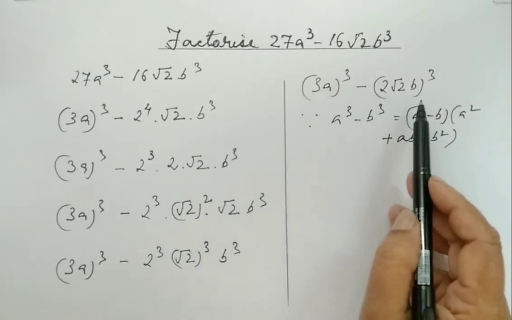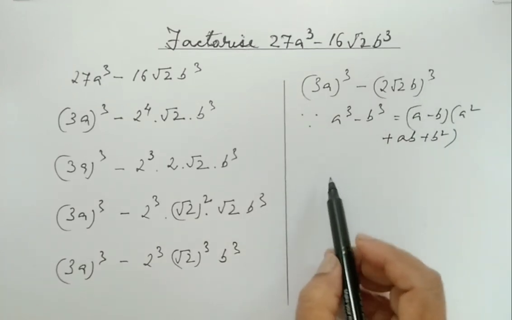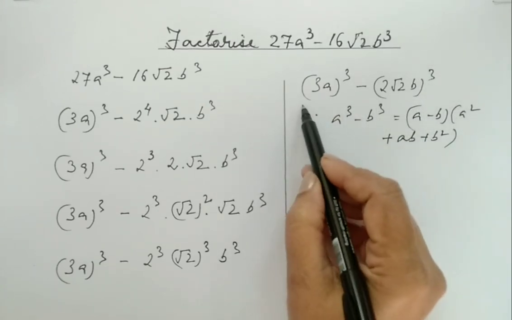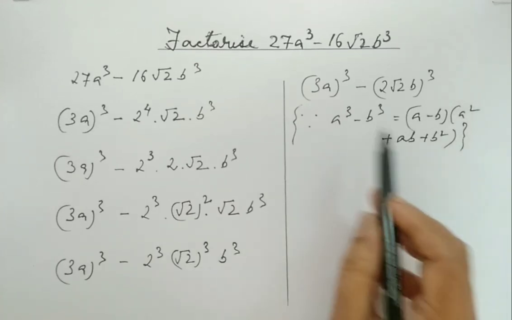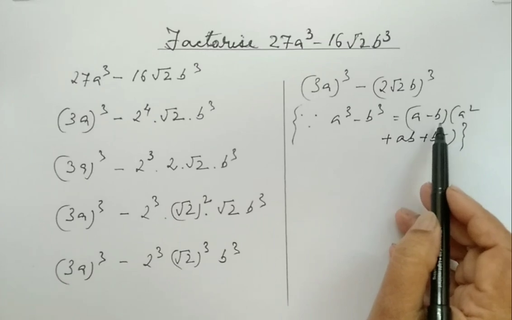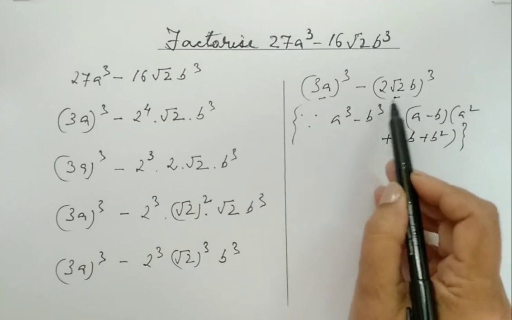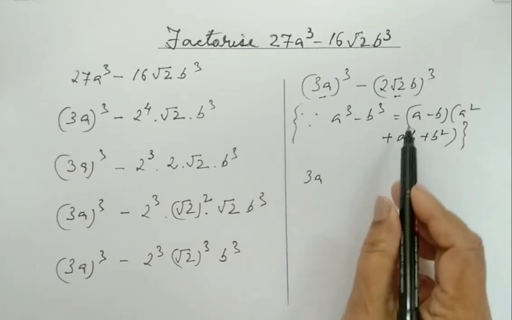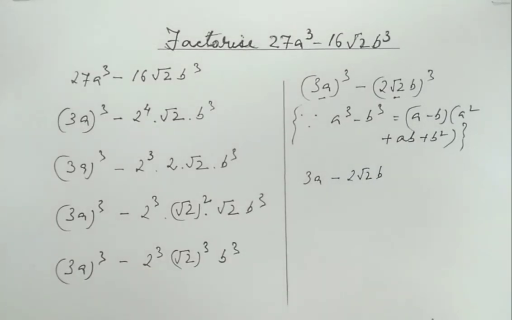So to be able to rearrange according to this, it won't be so difficult, guys. So let us go ahead. Let me just put this into bracket as we are using this as a tool to factorize this. So we have a minus b, which means our a is 3a and my b is 2 root 2b. So 3a is my a minus 2 root 2b.